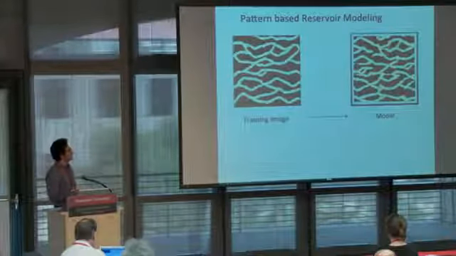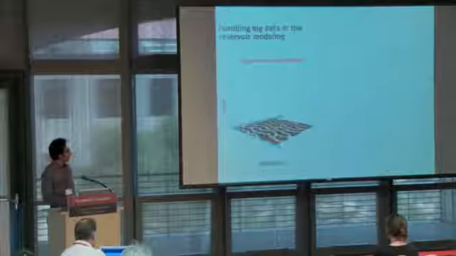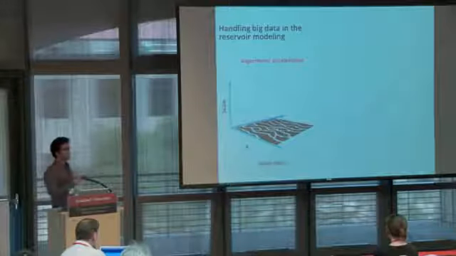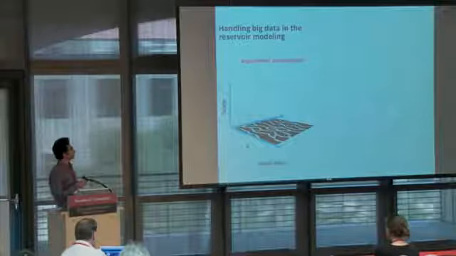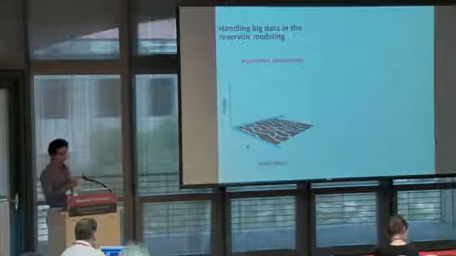Actually, the problem that we have, let me say, where is the big data? The big data that we finally need to deal with is this training image in the reservoir model. If you look at the size of this image, it's larger than this 2D image that we have. Based on this problem, we grouped and classified our solutions into two groups: the algorithmic acceleration and the hardware.